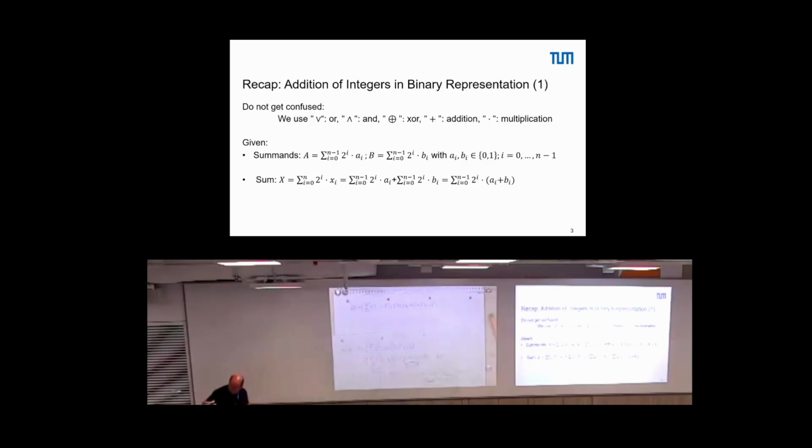So if we draw this as a circuit, then what we actually did was we took A0 and B0 into a half adder, generated S0 and C0, put this into a full adder, put in A1 and B1, generated C1 and S1.